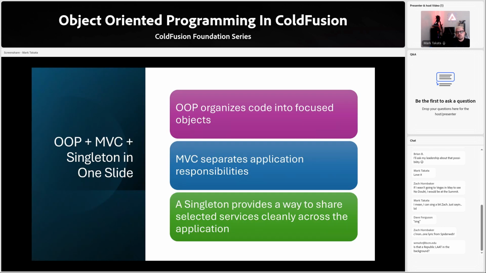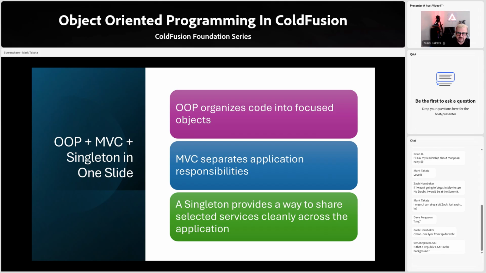All right. So we talked about three concepts so far: object-oriented programming, MVC, and singletons. What are they? Let's just do a rewind here. So OOP organizes your code into objects that are focused on a particular task or set of tasks.